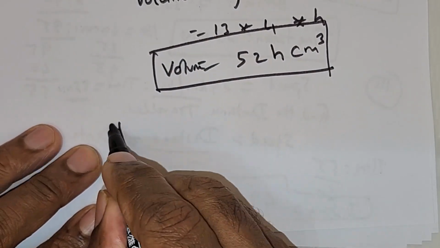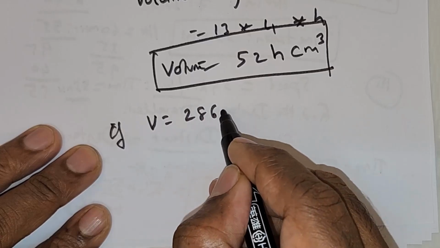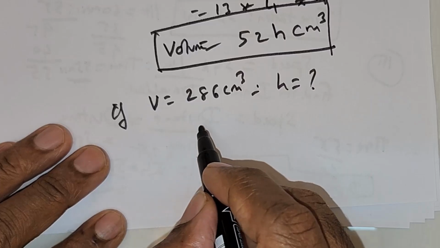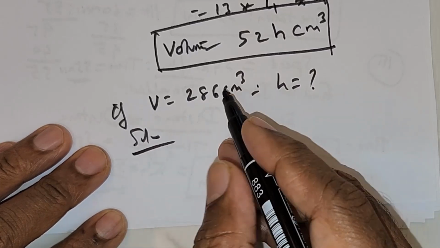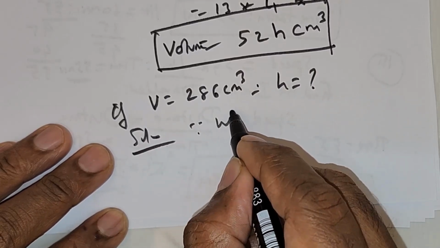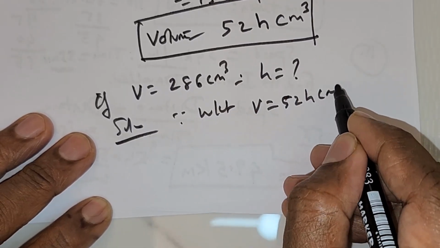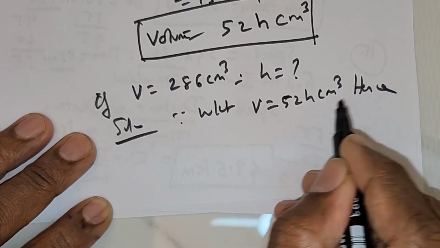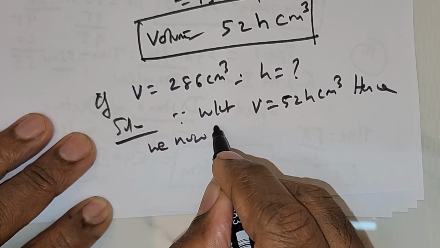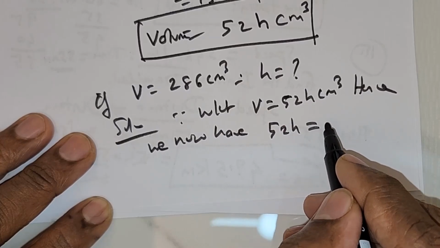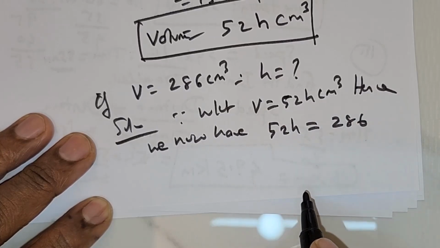Next, if volume is 286 cm cubed, they are asking us to find h. So what is the solution? Since we know that V is equal to 52h cm cubed, we now have 52h equal to 286.